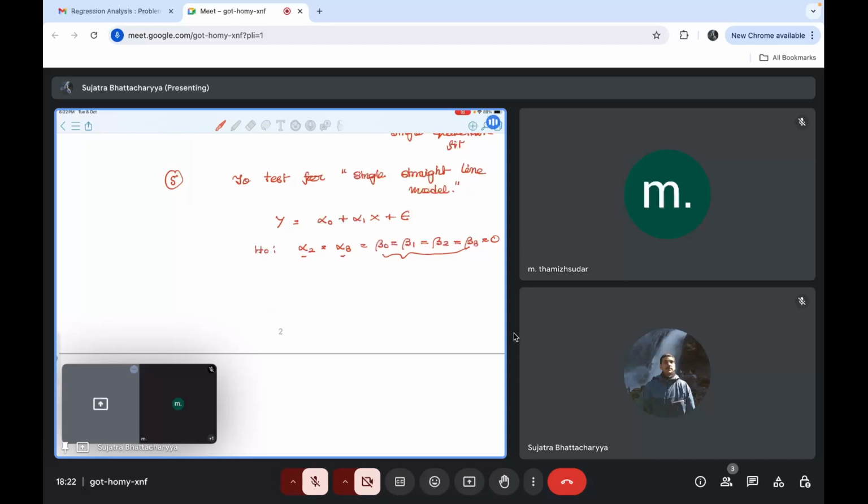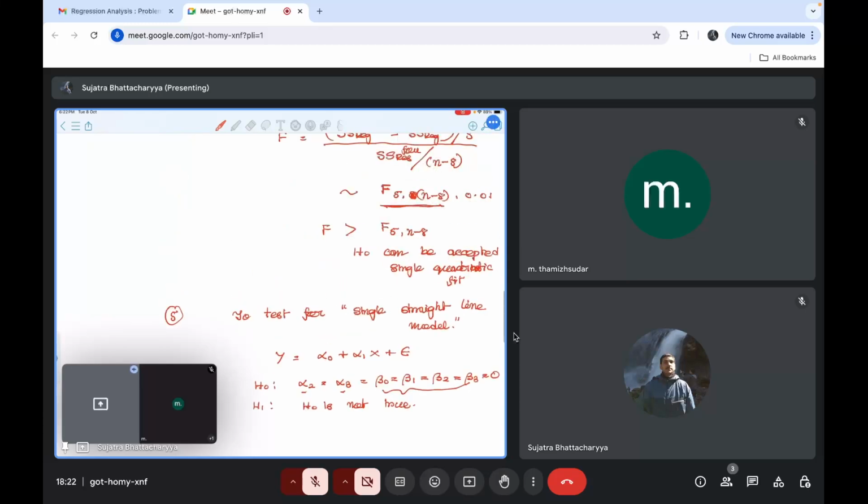The coefficient of that should be 0, right? And the alternative hypothesis will be H naught is not true. Okay. Just the thing is that F should be less than the critical value, right? Then only H naught can be accepted. F should be less than it.